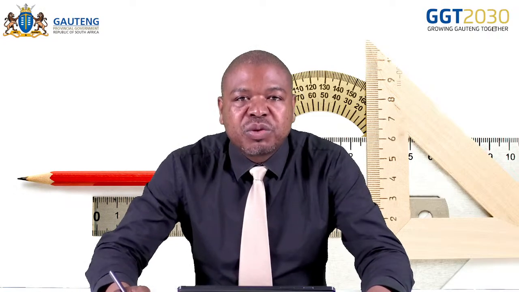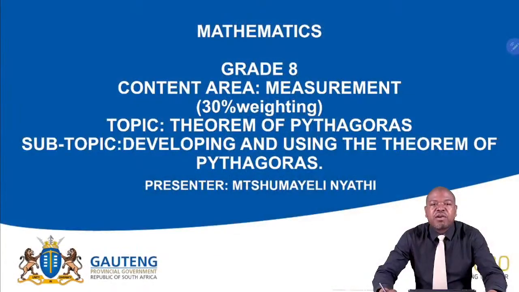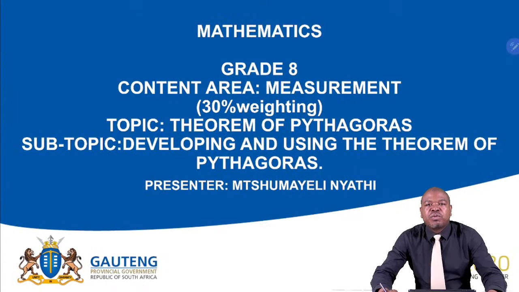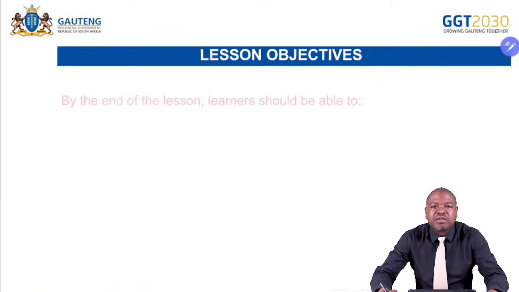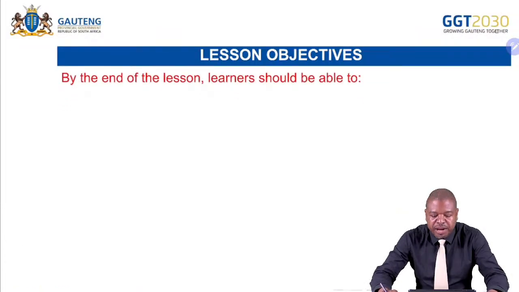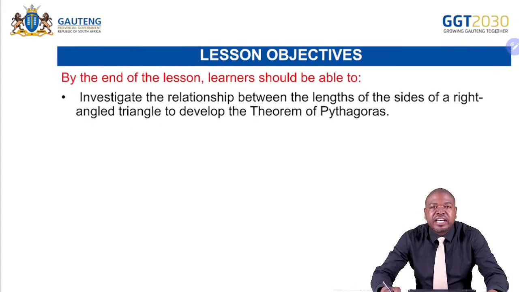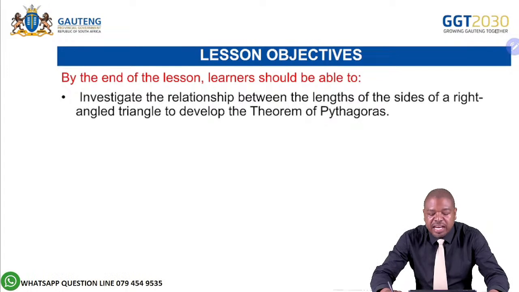Today, we are going to be looking at the theorem of Pythagoras, where we expect that by the end of this lesson, you should be able to investigate the relationship between the length of the sides of a right-angled triangle to develop the theorem of Pythagoras.